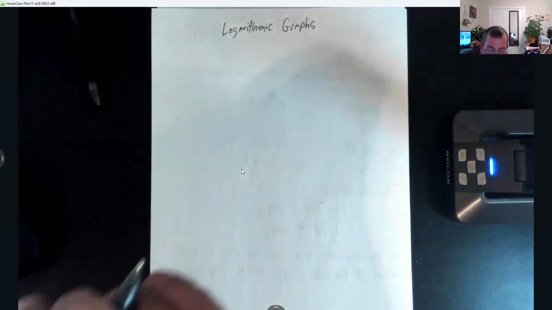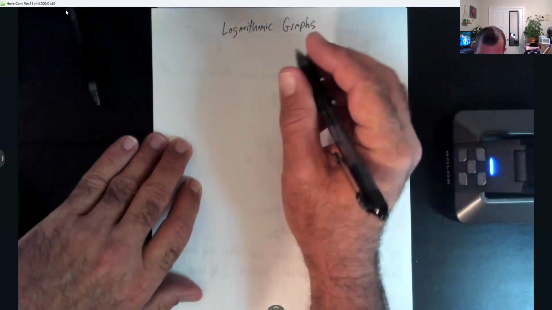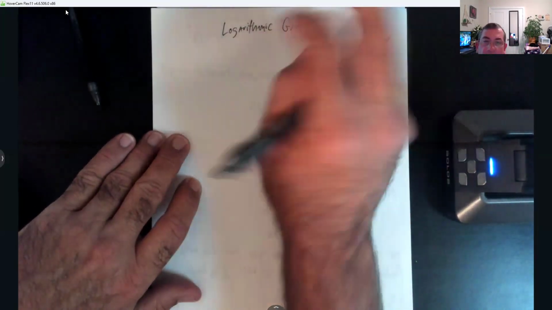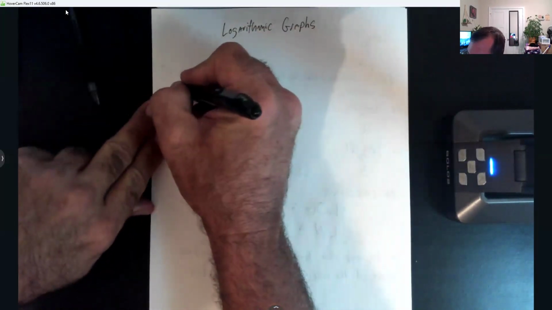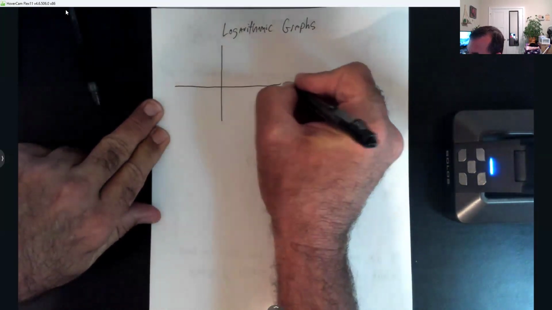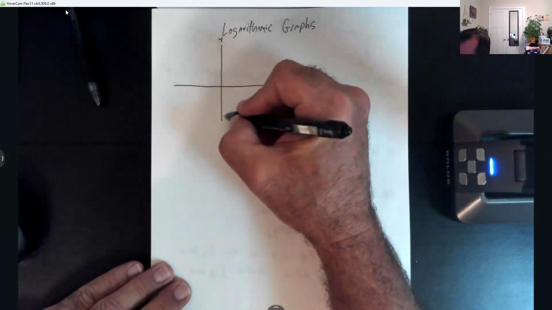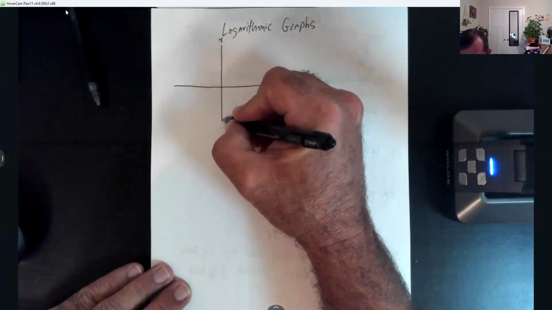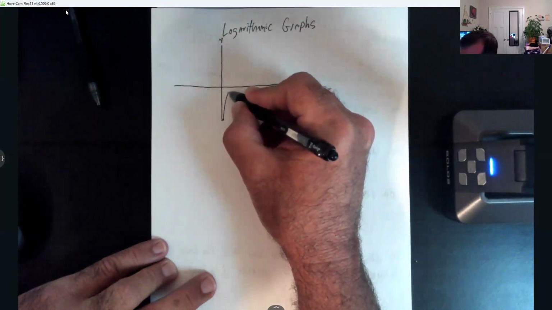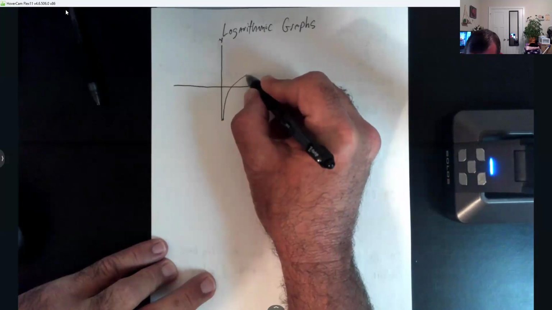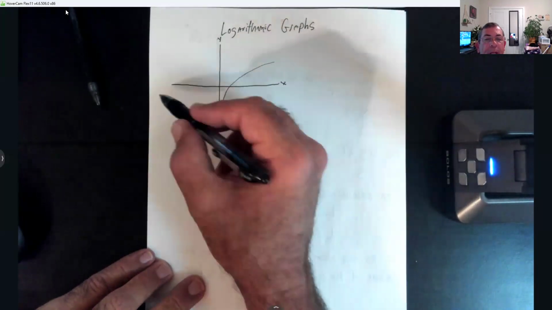All righty. All right, y'all. So the logarithmic graphs, when they're drawn, they sort of make an asymptote with the y-axis here. And then they'll come up and then sort of go up to the right. Almost opposite the exponentials.